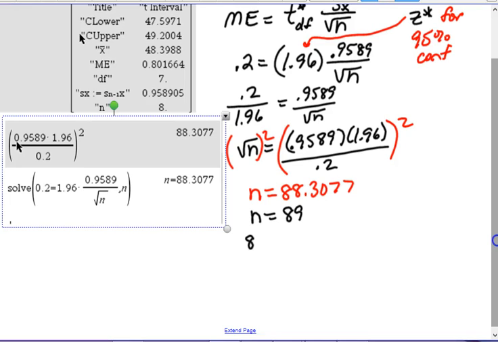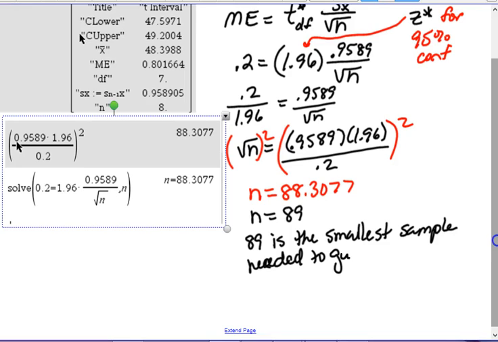So I would say 89 is the smallest sample needed to guarantee a margin of error of plus or minus 0.2.